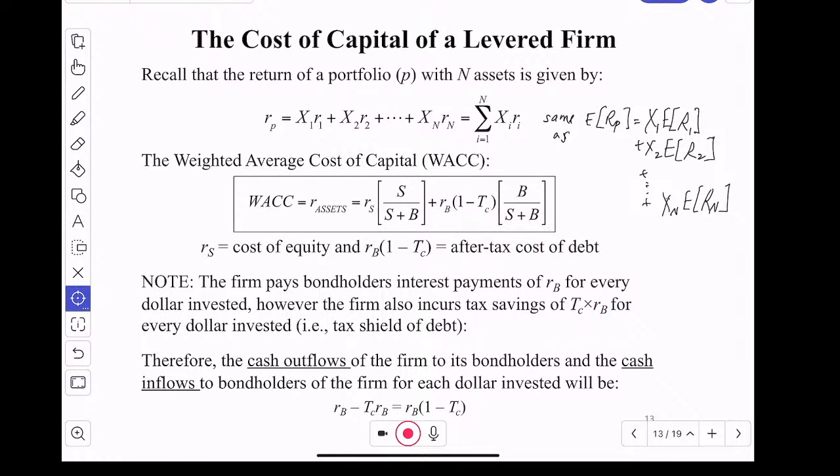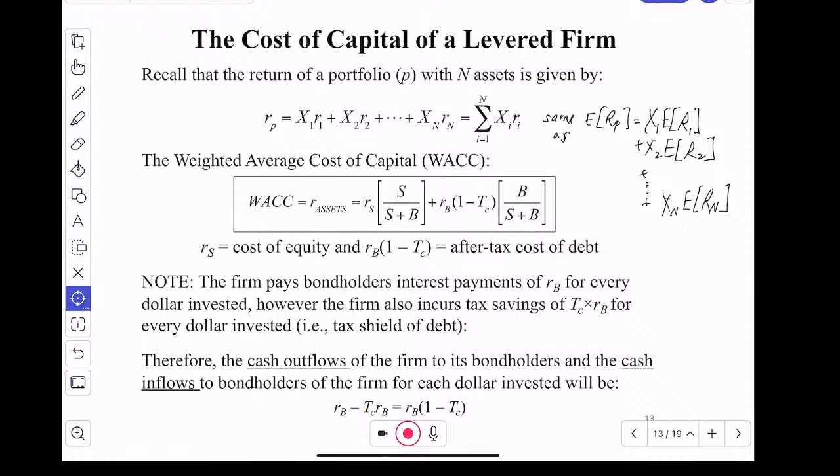So the cash outflow of the firm to its bondholders, and the cash inflow from the bondholder's perspective for each dollar invested, will be RB minus this tax savings.